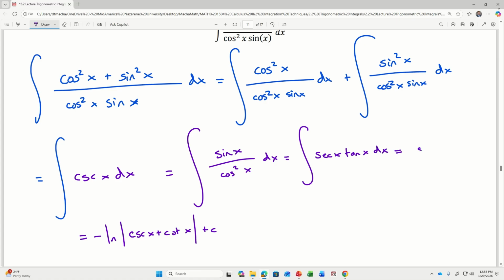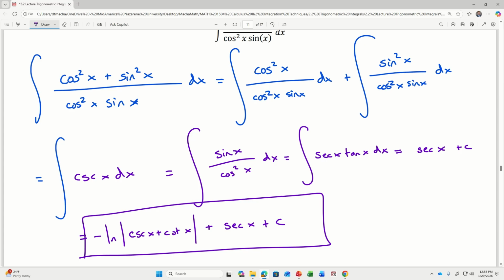And the antiderivative of secant times tangent is secant, just because I remember the derivative of secant is secant times tangent. And so I only need 1 plus c for my final answer here. Sorry, there's an equal sign that shouldn't be there.